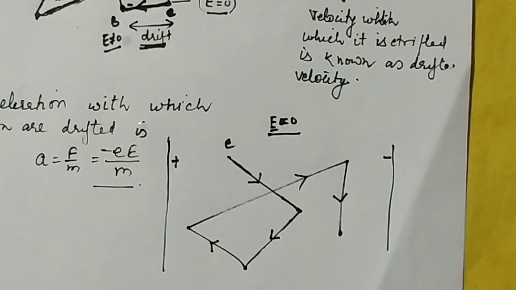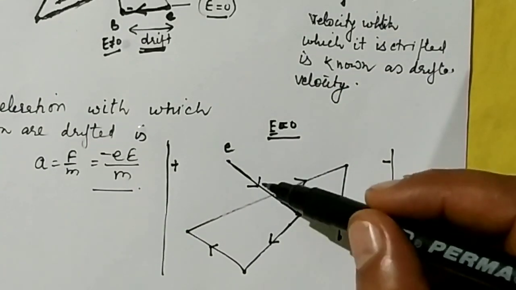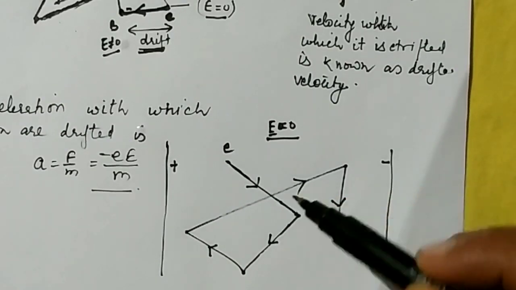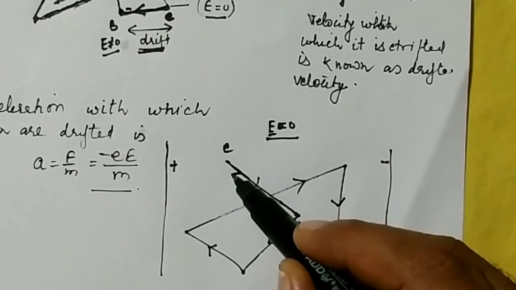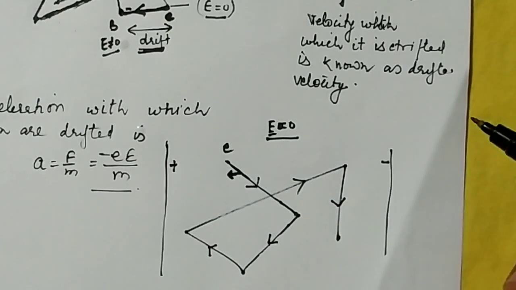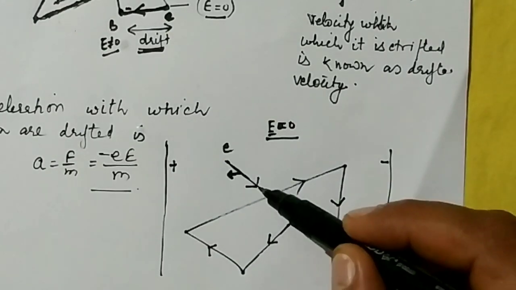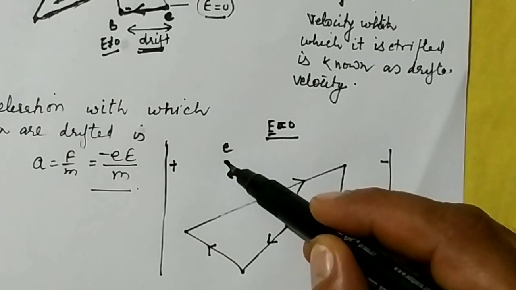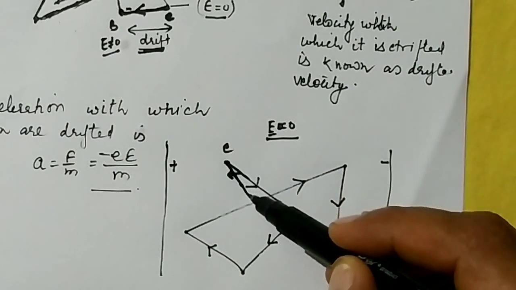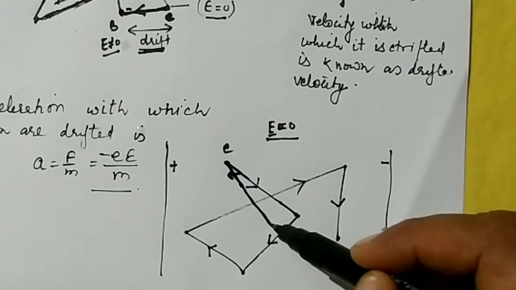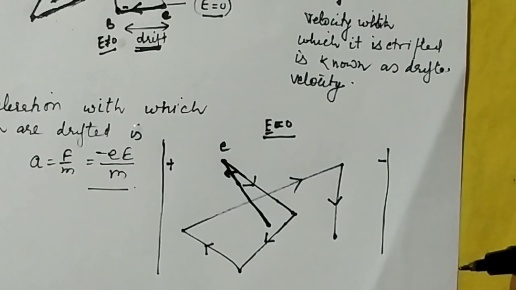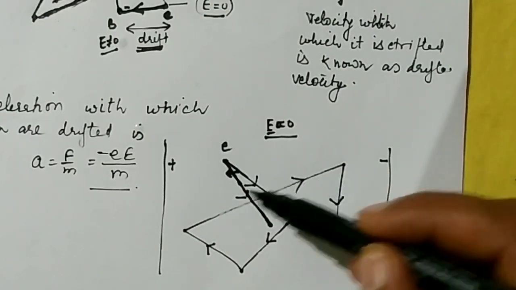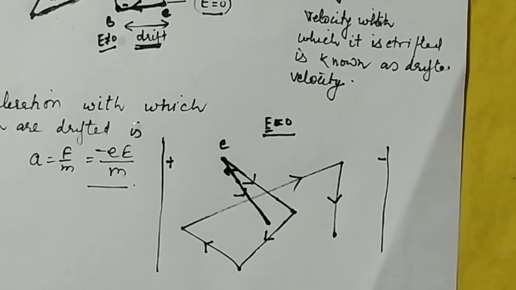Because of this, the electron has two velocities: one along this direction, and the second it gains along the positive terminal. Because of these two velocities, the electron will be drifted towards the positive terminal, so its motion will look like this because of the electric field.